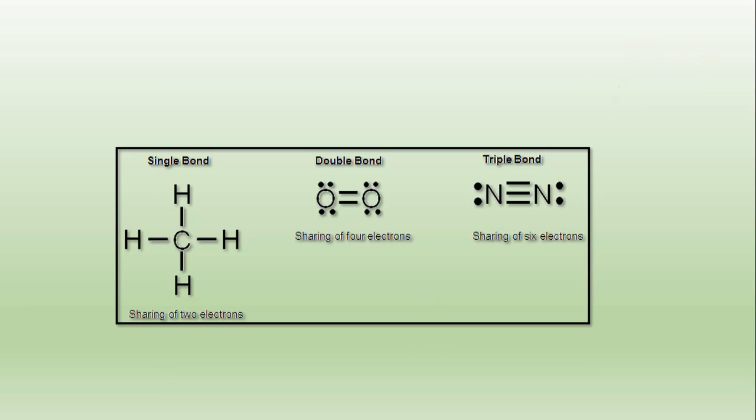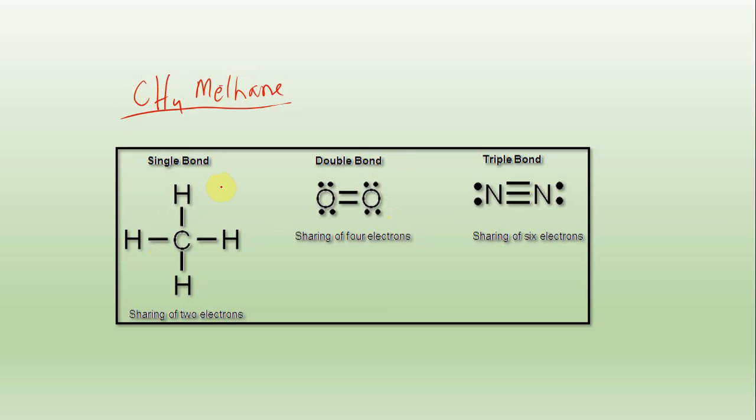And this is CH4, which is called methane. In methane there are 4 single covalent bonds. This is oxygen, which we have discussed, with a double covalent bond. Nitrogen has a triple covalent bond.